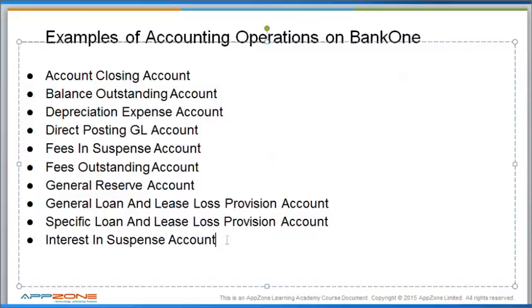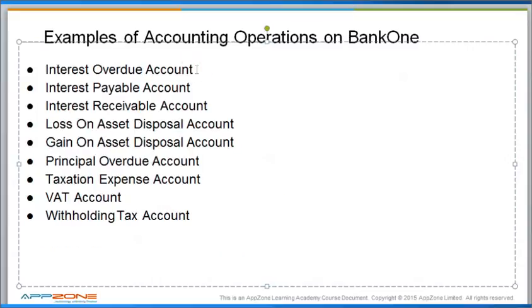So automatically, once the system detects that the customer fails in repaying his loan, his interest back, the system will automatically move that interest amount into a suspended state, and this will be moved into the interest in suspense account.